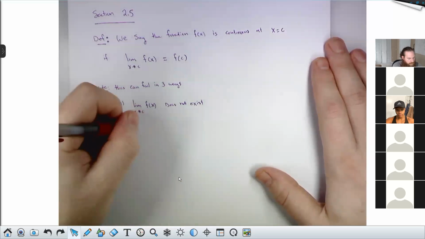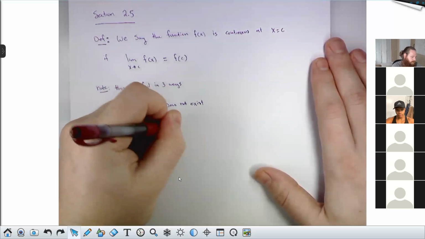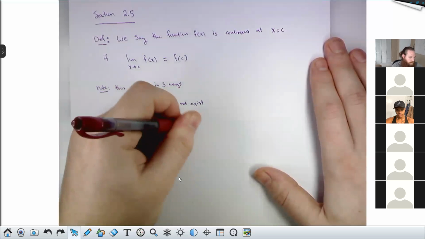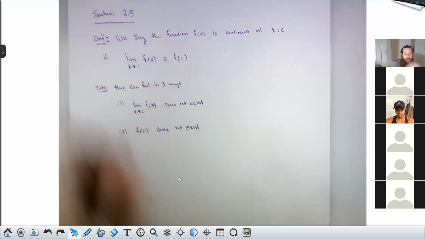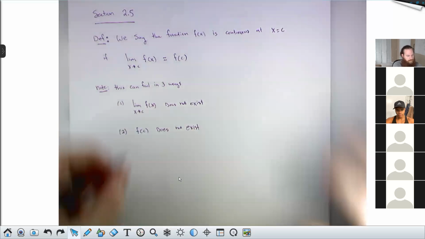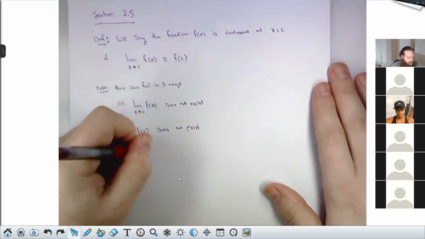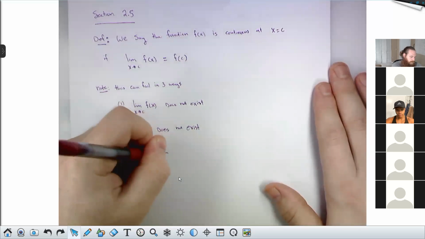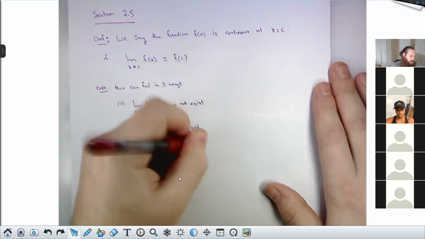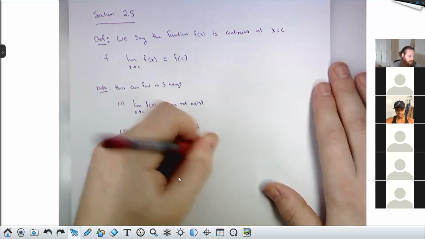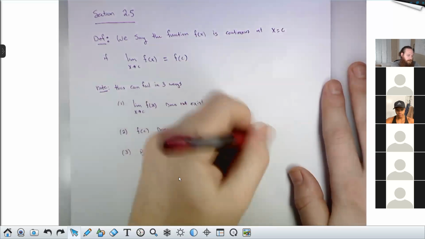It's possible that f of c itself does not exist. Maybe the limit exists, but the function isn't defined there, i.e. you have a hole. And the third possibility is that both the limit and the function value exist, but maybe they're not equal to each other.